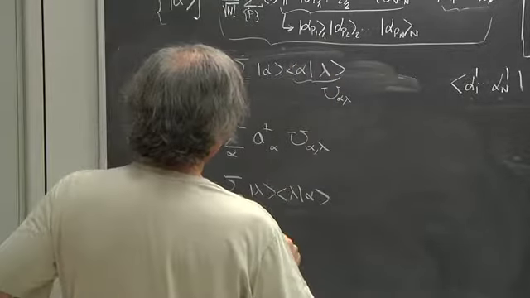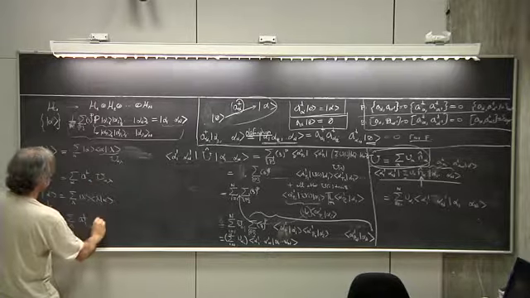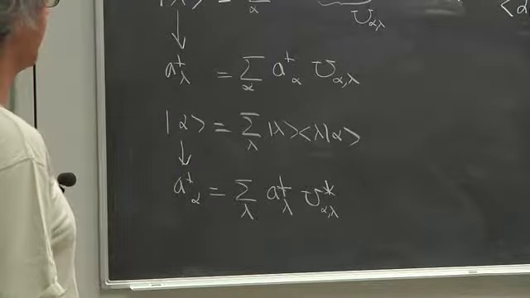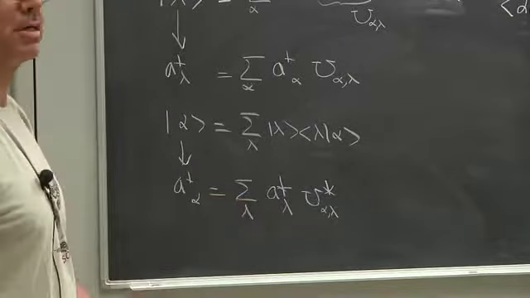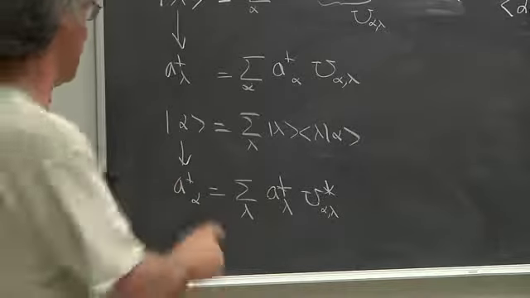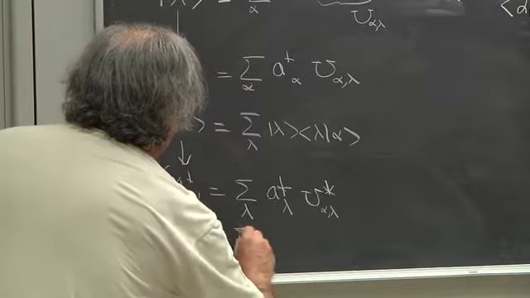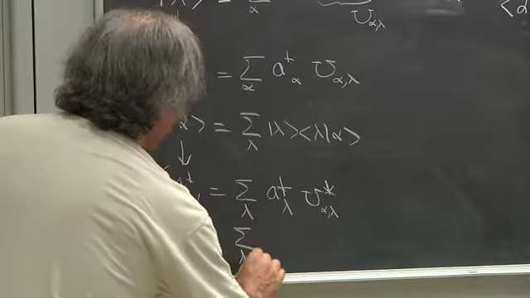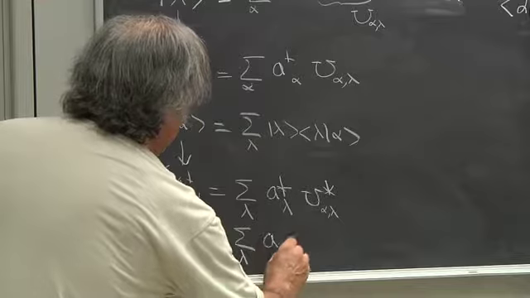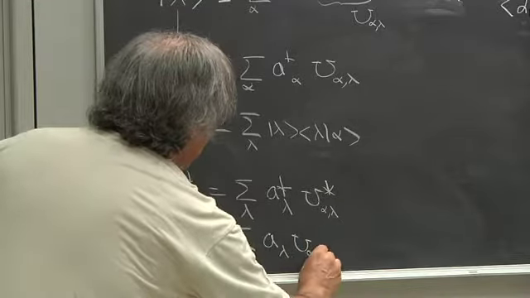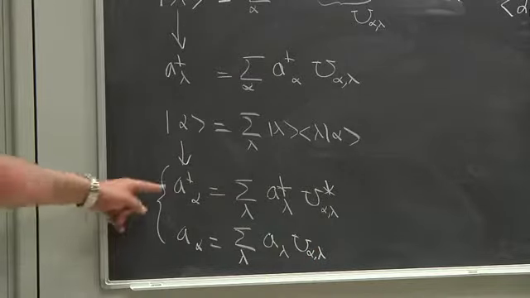So you can write it as U alpha lambda star. Once I have this, I can plug in, and I need also the one for A alpha. A alpha is, just taking the Hermitian conjugate, the sum over lambda of A lambda, U without the star, alpha lambda. So I now plug into the formula there.